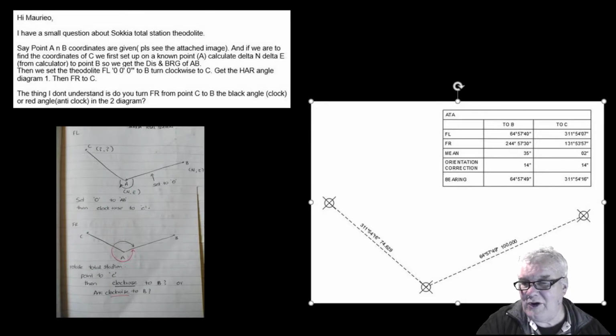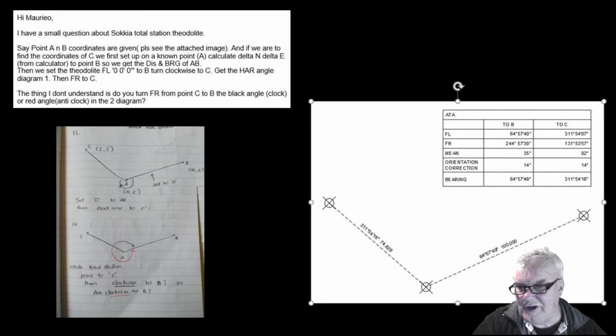Hi maurieo, I have a small question about the secure total station theodolite. Say point A and B coordinates are given there, see the attached image, and we are to find the coordinates of C, which is effectively just a radiation from A. We first set up at a known point A and calculate delta E and delta N from the calculator to point B, so we can get the distance and bearing of AB.